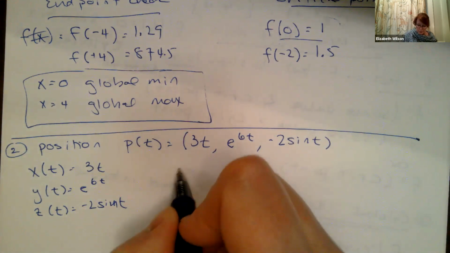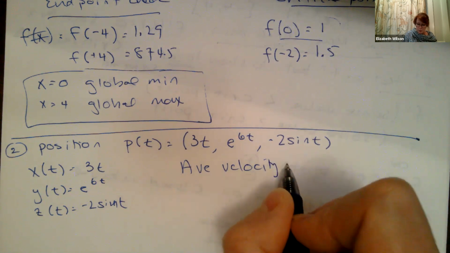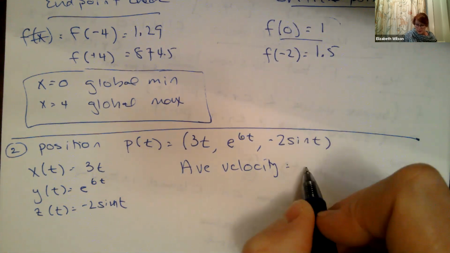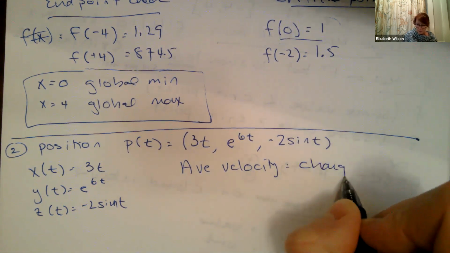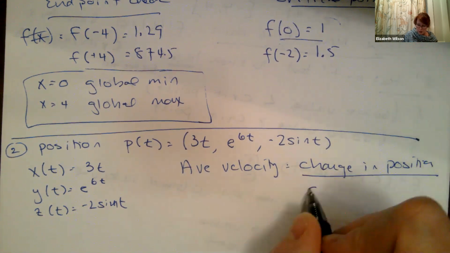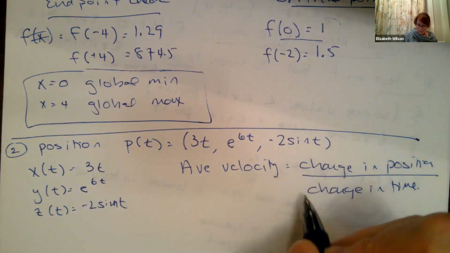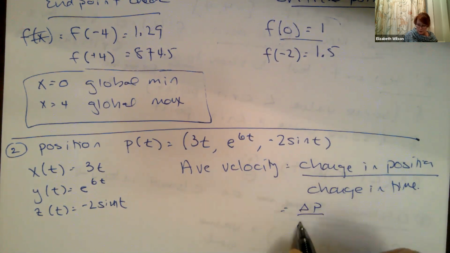All right, so now our average velocity, you have to be super careful because average velocity is change in position all over change in time, right? So this is delta p over delta t.